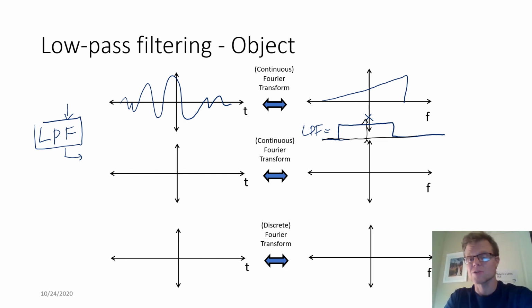So perhaps best illustrated by what the result is of that, which is going to be a spectrum in which we only retain the low frequencies. This is hence the name low pass filtering, is we're only allowing the low frequencies to pass through this filter.